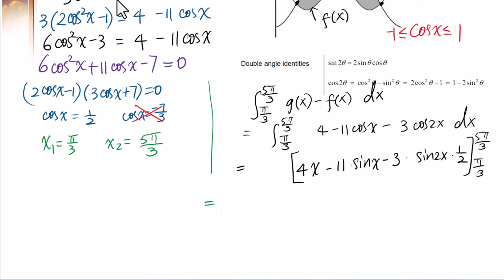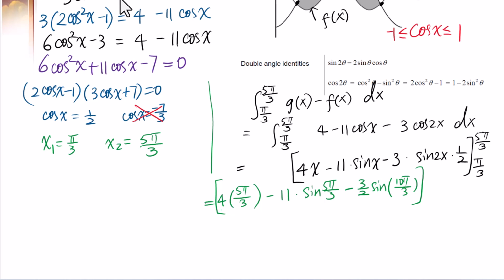Plug in 5 pi over 3 first: 4 times 5 pi over 3 minus 11 times sine 5 pi over 3 minus 3 over 2 sine 10 pi over 3.